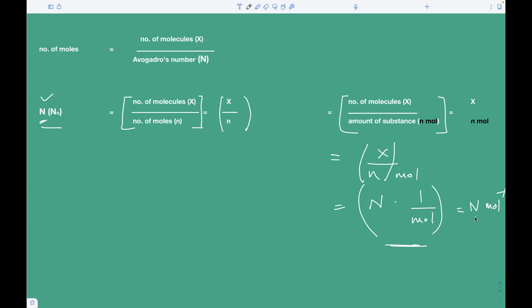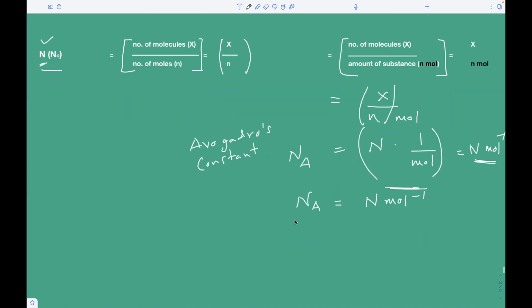So to represent this quantity, we have to come up with a new name, and that new name is Avogadro's constant, and it is represented by N with the subscript capital A. So Avogadro's constant N_A is equal to Avogadro's number with the unit per mole.